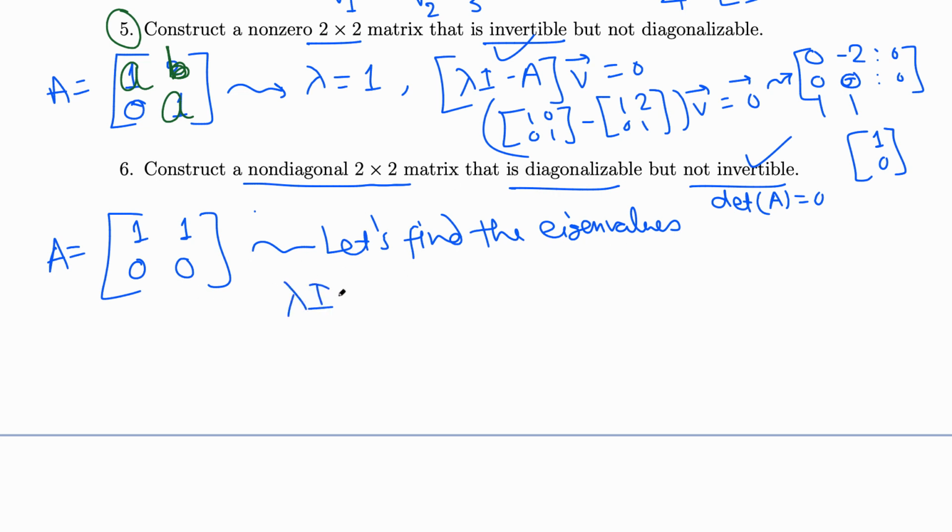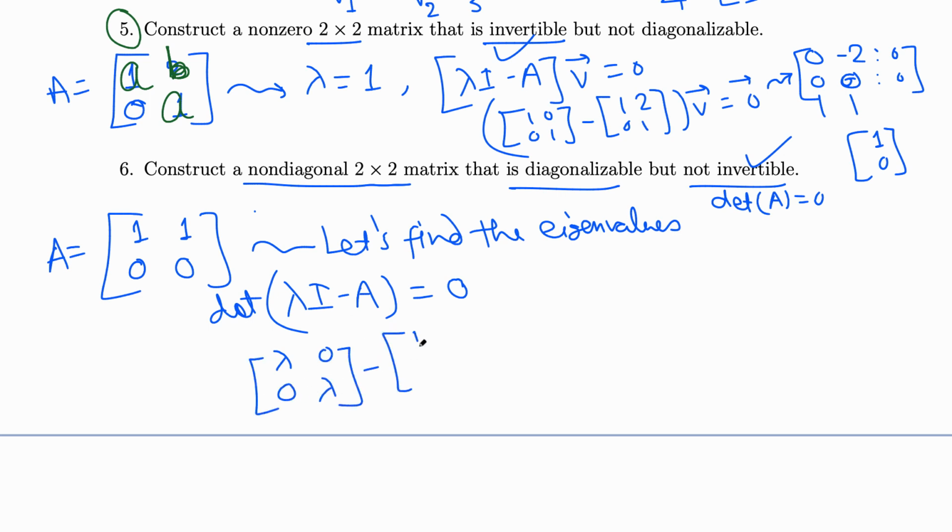So the determinant of λI minus A equals 0, the characteristic equation. λI means [λ 0; 0 λ], and λI minus A is [λ-1 -1; 0 λ].